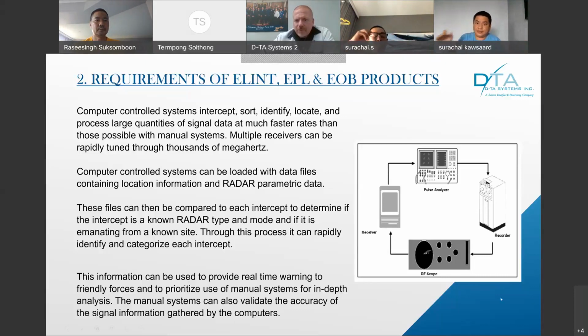So as great as computer systems are and whatever else, when it comes to ELINT, as far as I'm concerned, you never want to take the operator out of the loop.